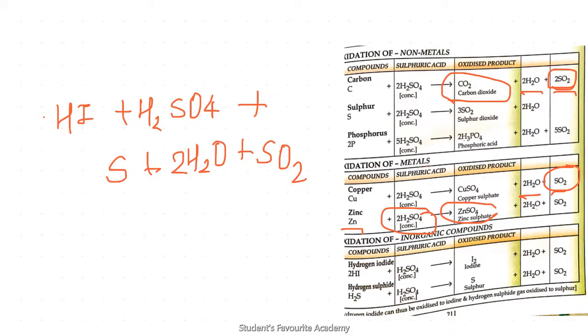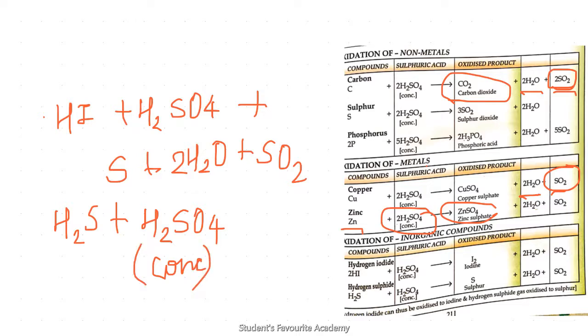Similarly, when hydrogen sulfide is reacted, what is happening? An important part in all of this, children, is that the sulfuric acid we are taking should be in concentrated form. So here also sulfur is being liberated, along with 2 times water and sulfur dioxide.